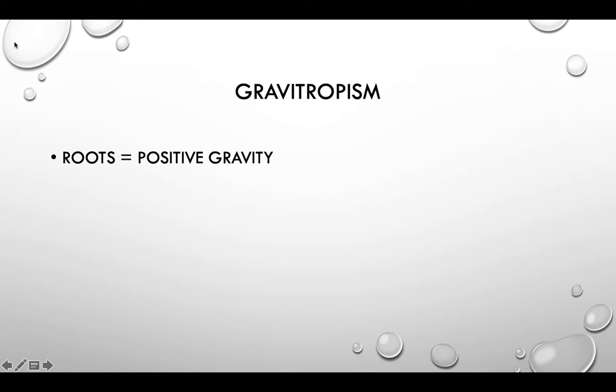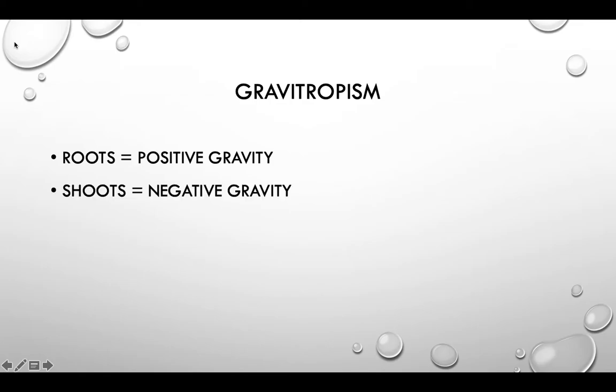Gravitropism is a plant's response to gravity, and it responds in two different ways. On the root end, the apical meristems of the roots will exhibit positive gravitropism, which means they'll grow towards the gravity source, which obviously on Earth and on most planets would be the core, the middle of the planet. So that's where roots want to grow.